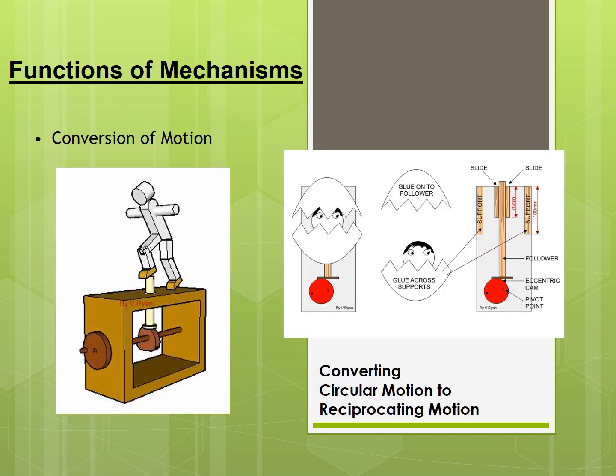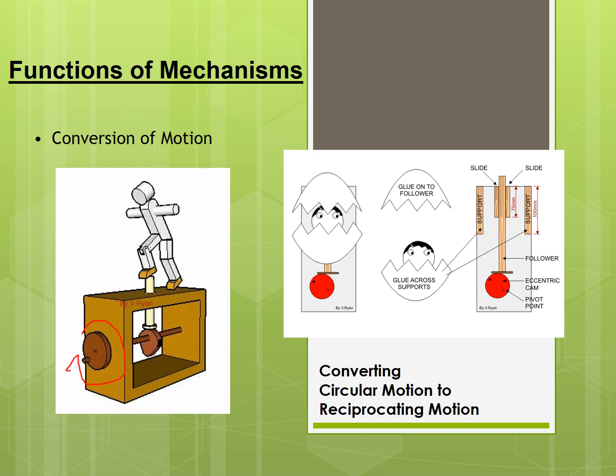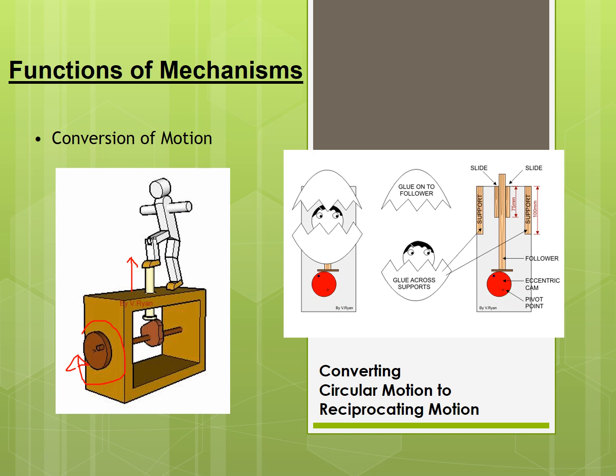The function of mechanisms of converting motion. What do I mean? Look at the input down here in this example. Whatever is being input is rotation of motion. Now the output, looking at the leg of this person down here, is moving up and down in one rotation.